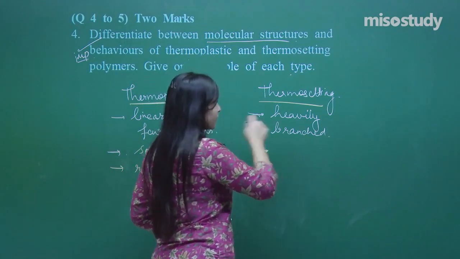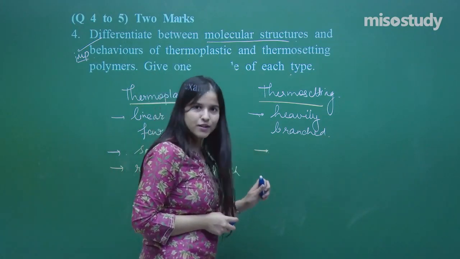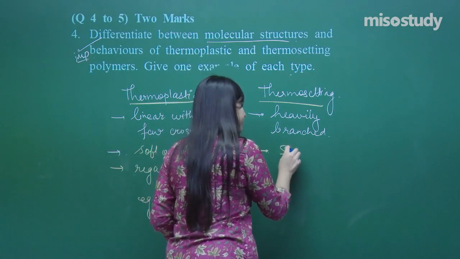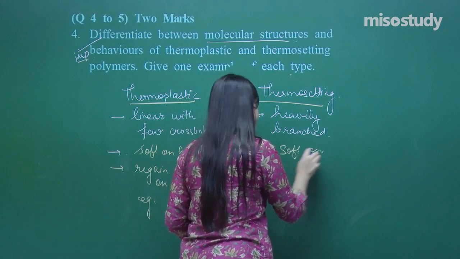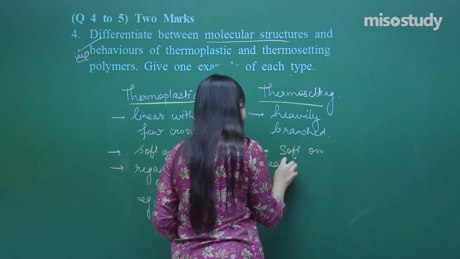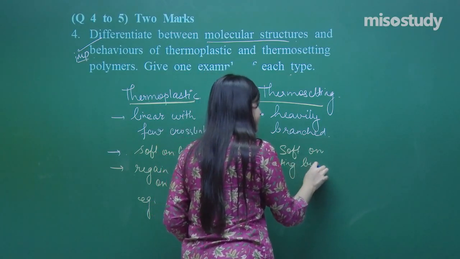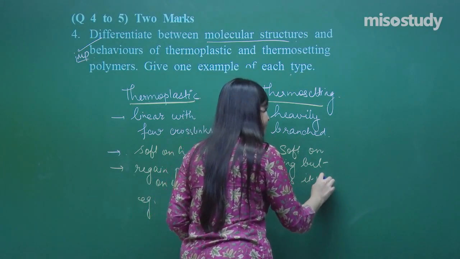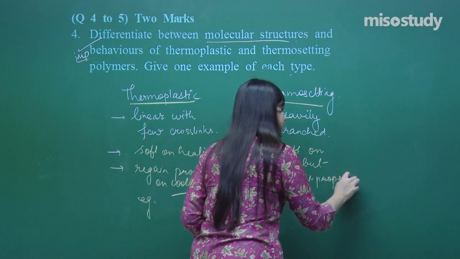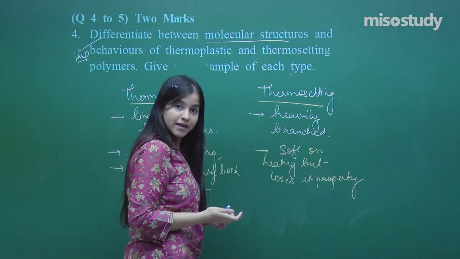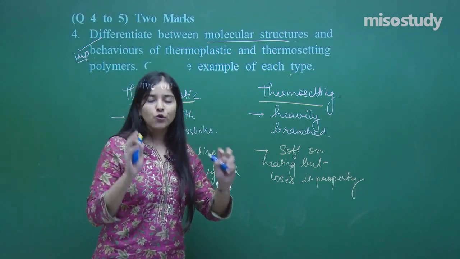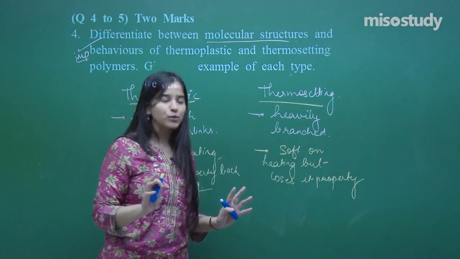Now the property of thermosetting. In thermosetting, what happens is they get soft on heating, but lose their property on cooling, right? Now it does not regain its property, it becomes a solid hard mass which is of no use, right?